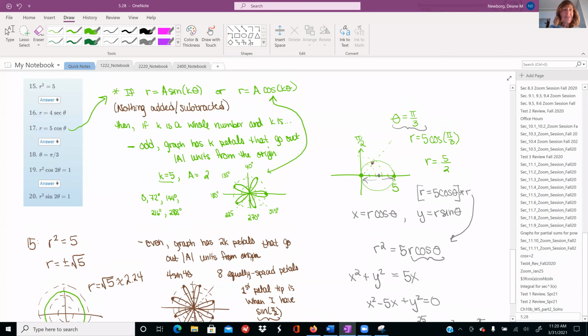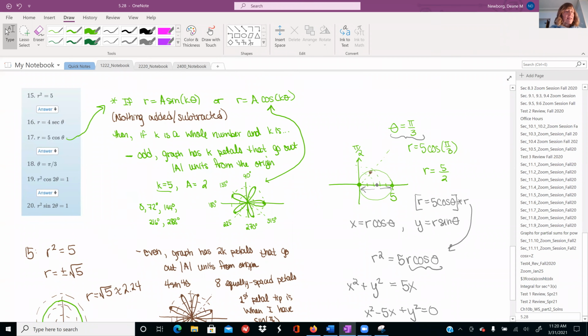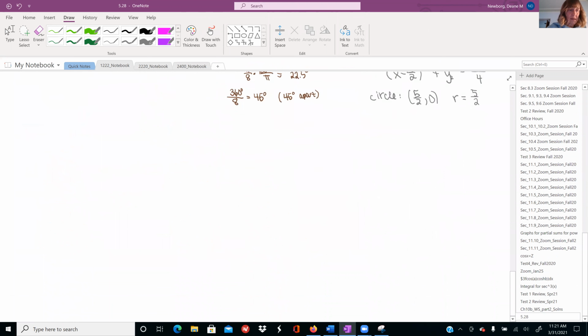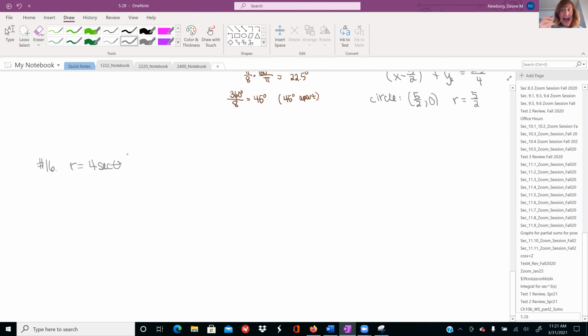That was 17. So let's look at 16. Okay, 16, r equals 4 secant theta. That flower and petals thing only works for sine and cosine.